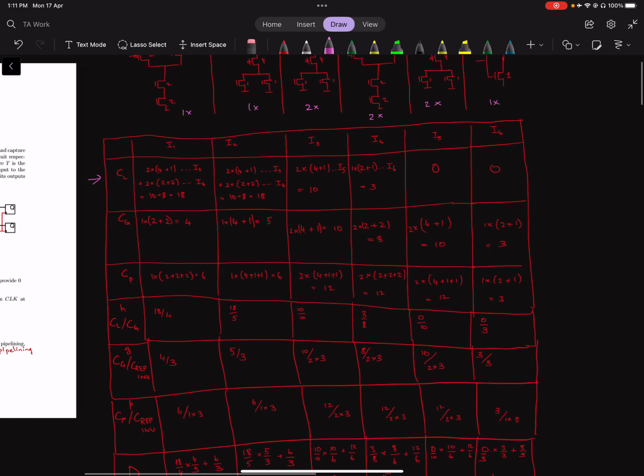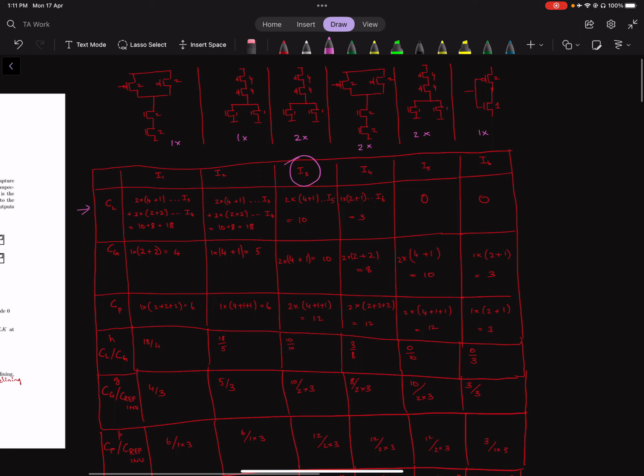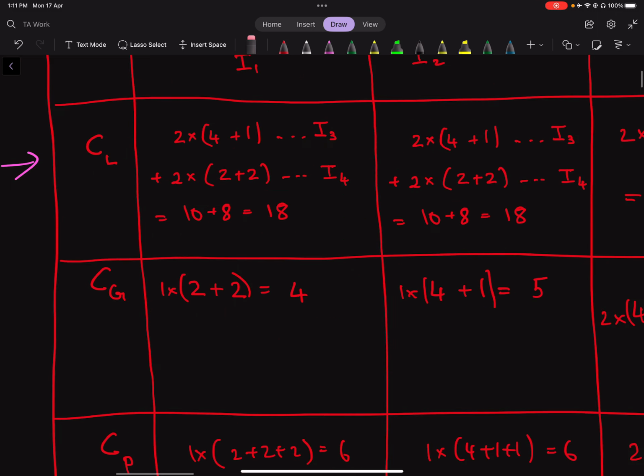If you go to I3, which is over here, what will be the gate capacitance shown by I3? It will be 4 plus 1, because the connection will be like that, A and B. So it will be 4 plus 1, and that's what I have given here.